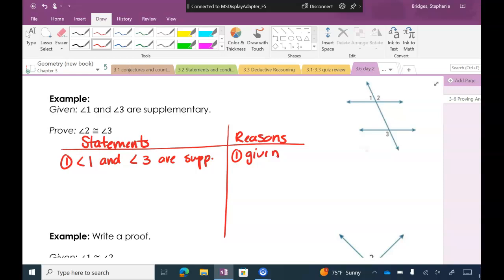So here's my question. If I know that 2 angles are supplementary, what does that tell me? They add to equal 180. So if I tell you that angle 1 and angle 3 are supplementary, then the next thing you should be able to tell me is that the measure of angle 1 plus the measure of angle 3 equals 180, right?